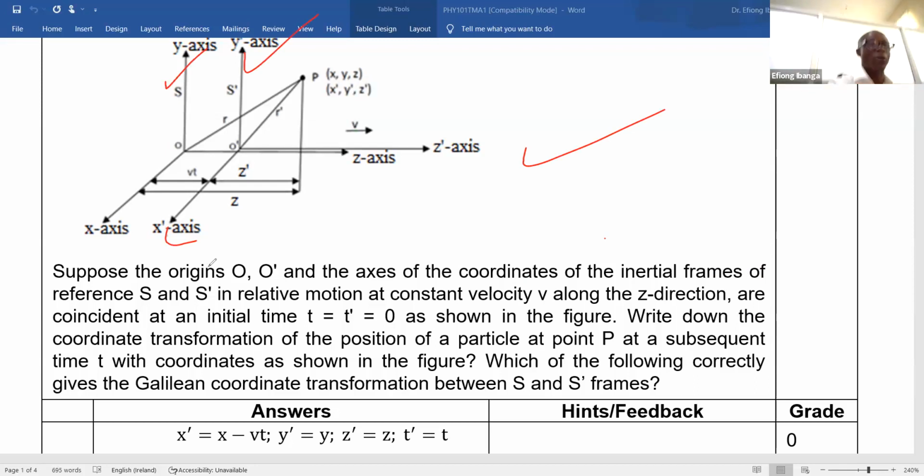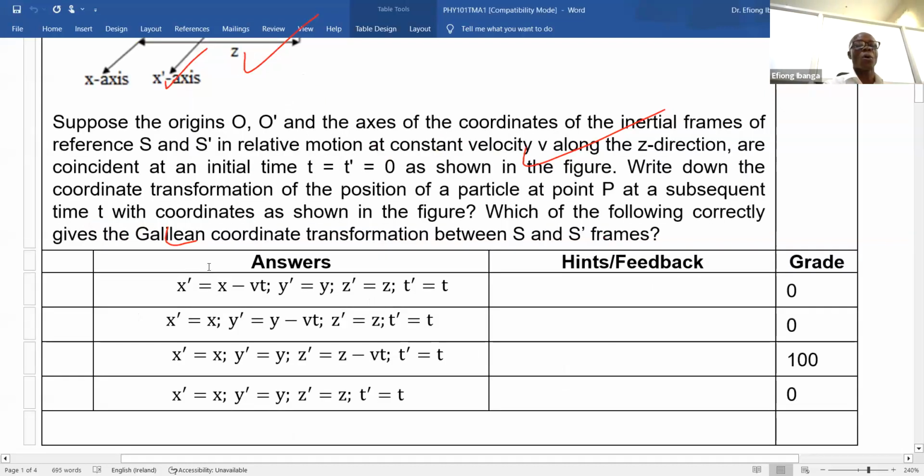So with that at the back of your mind, choose the correct option here. It says, suppose the origins O prime and O, and the axes of the coordinates of the initial frames of reference S and S prime in relative motion at constant velocity V along the Z direction, are coincident at an initial time T naught. Here is what it means.